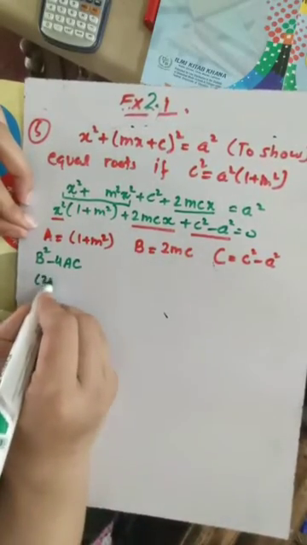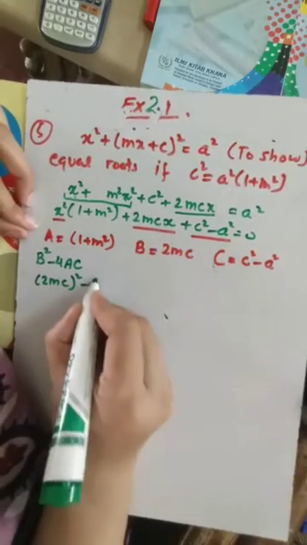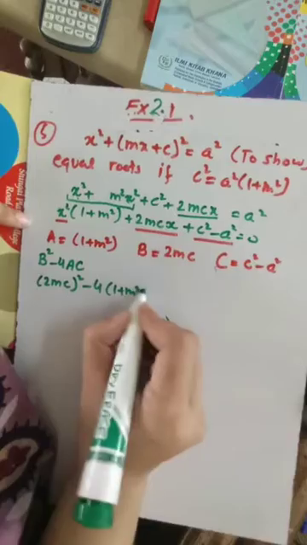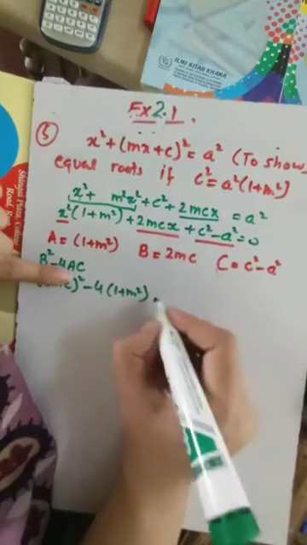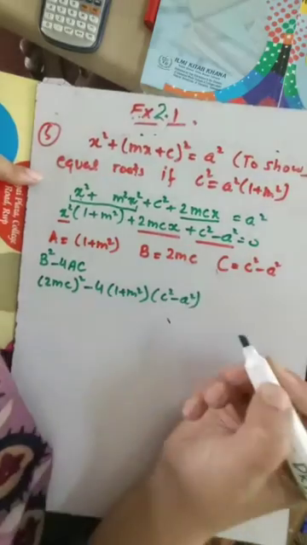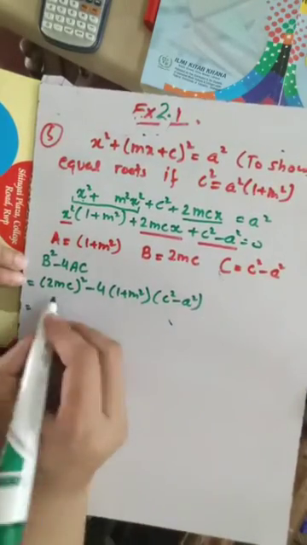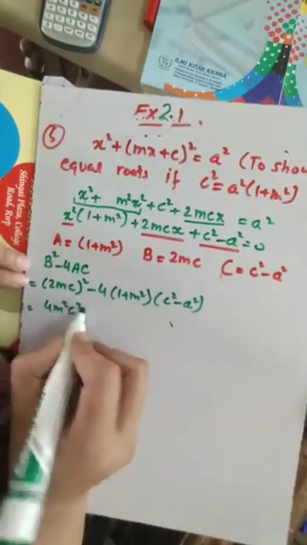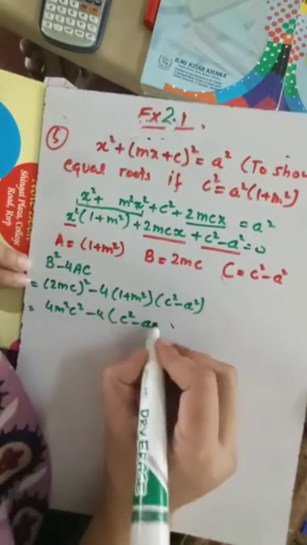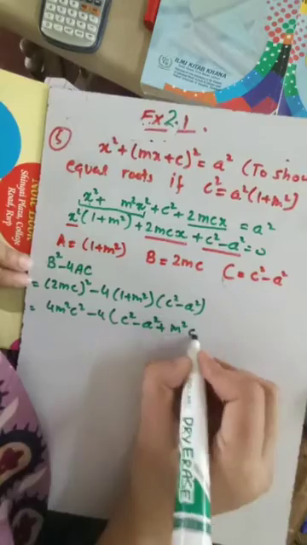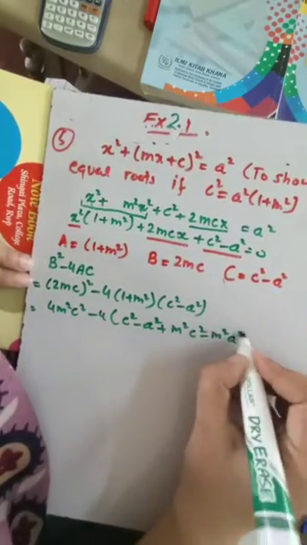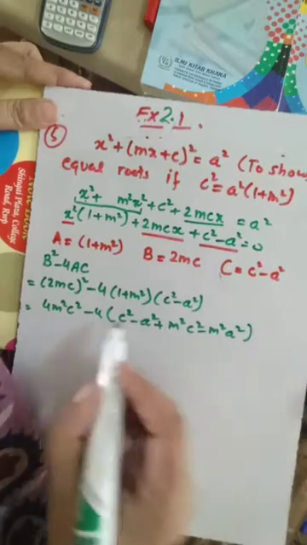So b square will be 2mc whole square minus 4, a is 1 plus m square over here, and in place of c we have c square minus a square, okay. Now if I calculate this, what do I get? 4 m square c square minus 4, multiplying these two brackets, m square into c square minus m square into a square, okay. After multiplying this I am getting this.